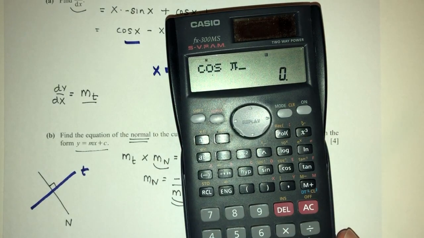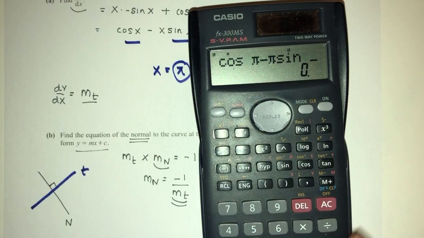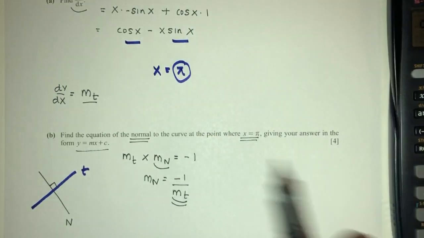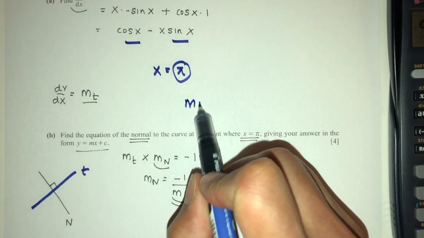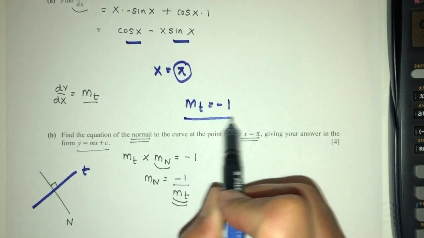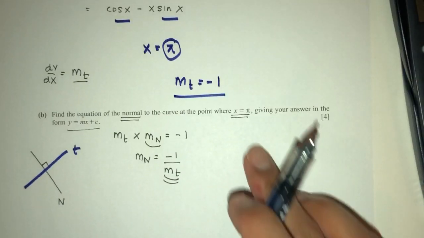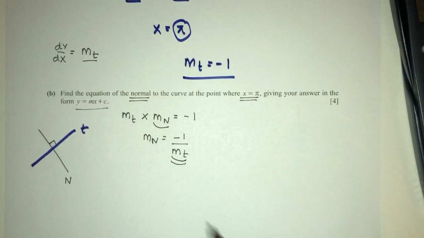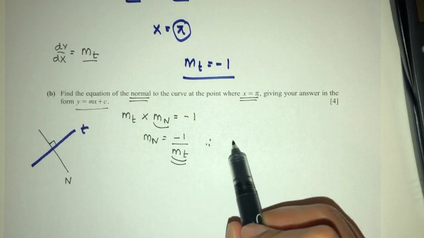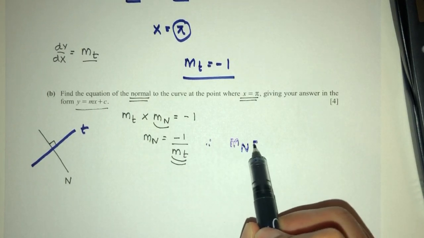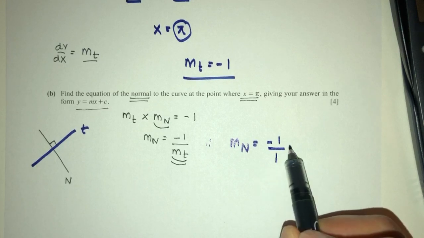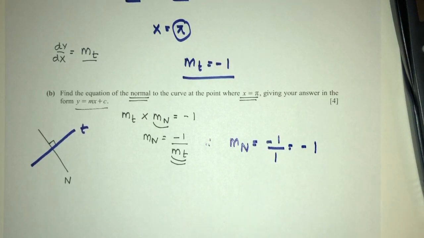Cos of pi minus pi sin of pi will be -1. So I know that the gradient of the tangent is -1. Therefore the gradient of the normal has to be -1 divided by -1, which is 1.